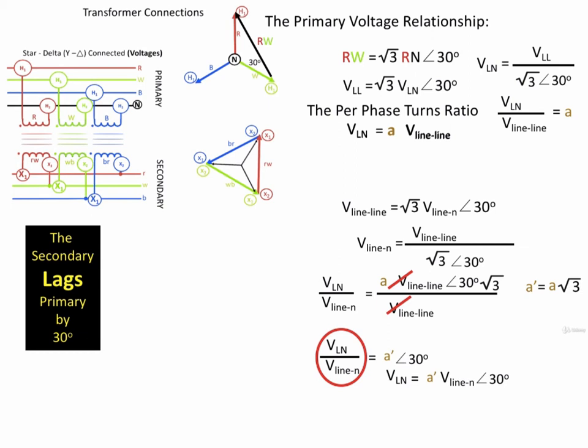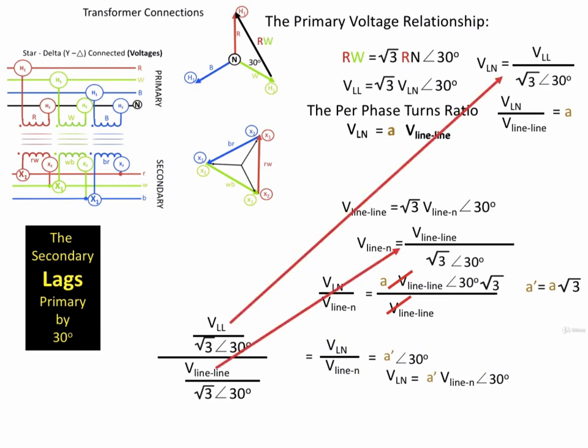Now, I want to bring down a couple of terms and equate them to the line-to-neutral voltage, but I want to do it using the line-to-line values. And I can do it by this fraction, and you might say, well, where did we get the numerator and denominator from for that fraction?